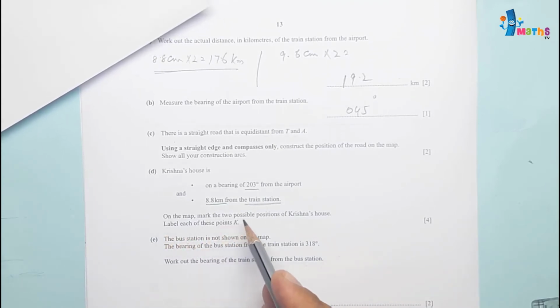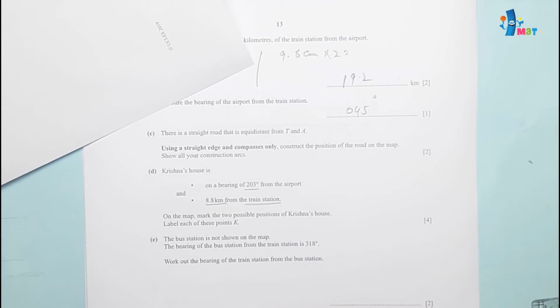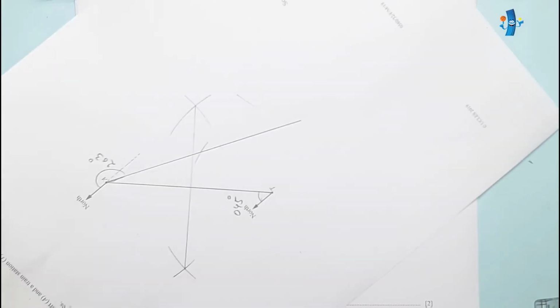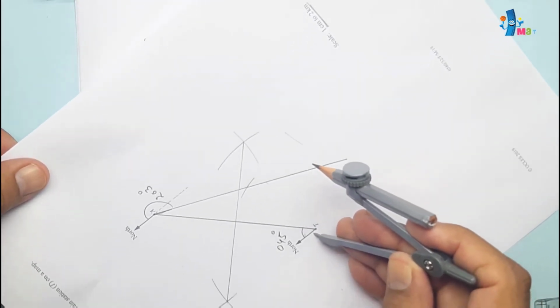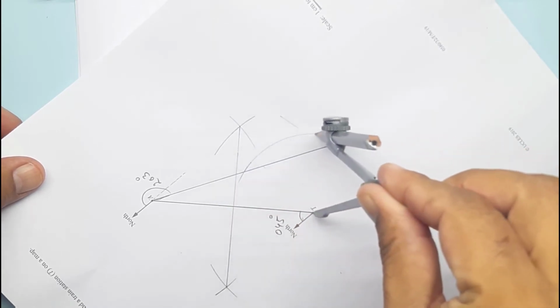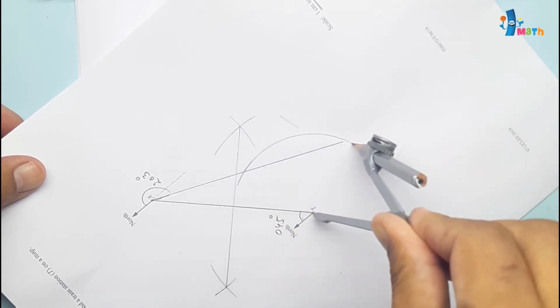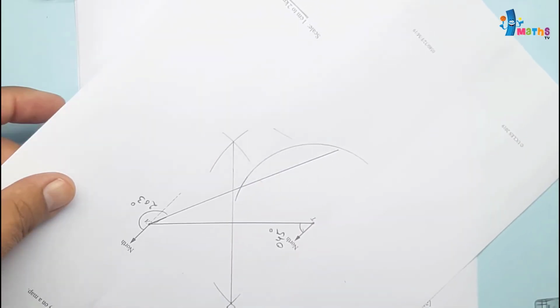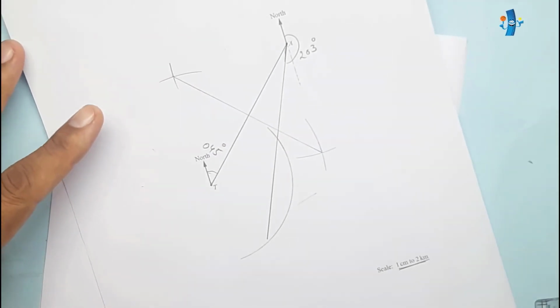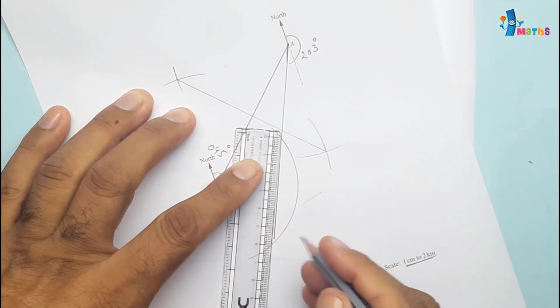On the map mark the 2 possible positions of Krishna's house. Label each of these points as K. So what we will do, we will extend this. From here we have done this arc, and we will extend this arc like this, and then we will be extending this line as well.